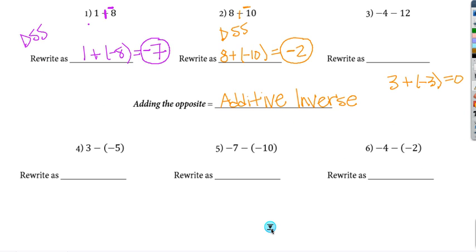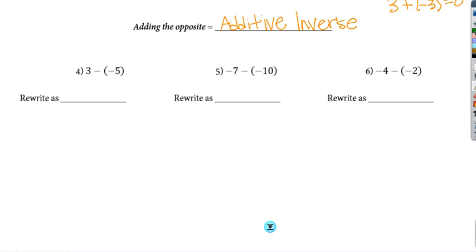Example number 4. I have 3 minus negative 5. Keep, change, change. We keep the first integer, so which is going to stay as 3. And I'm actually not going to write it here. Keep the first, so 3 stays the same, and we change subtraction to addition.